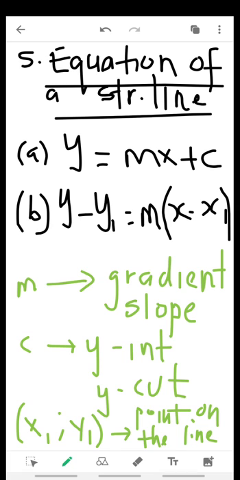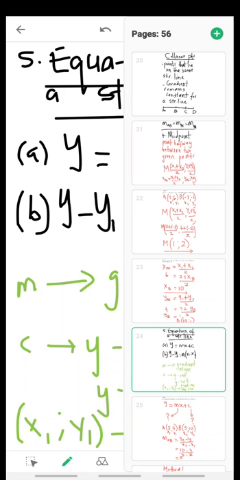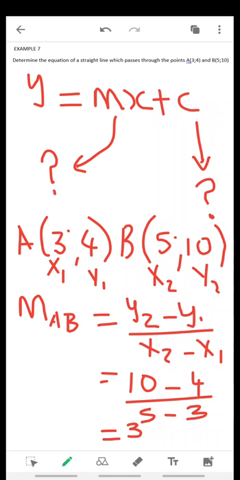Then what are x1 and y1 from the second form of the equation of a straight line? This represents a point that lies on the straight line, a point that is defined for the straight line. Now let's go to an example. Example 7.